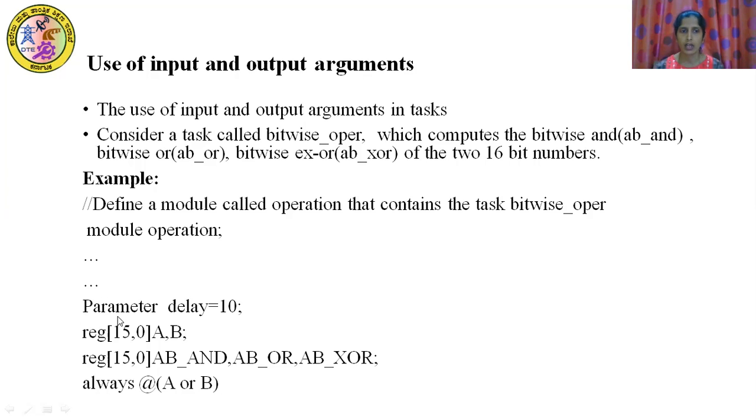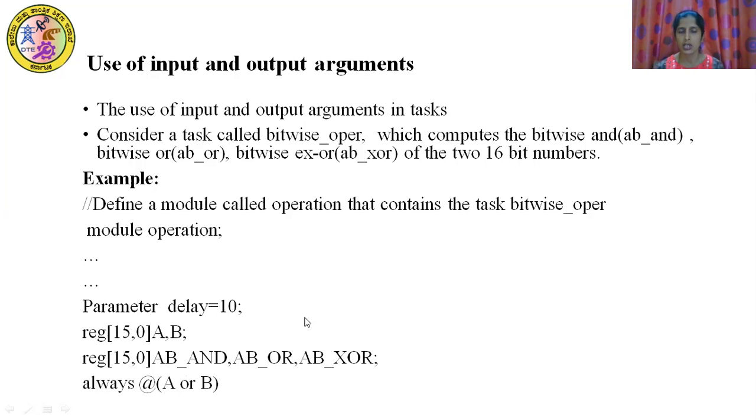Here we have declared a parameter by name delay, which is equal to 10. A and B are 16-bit registers, and AB_AND, AB_OR, and AB_XOR are 16-bit registers, which are the outputs. A and B are the inputs. Then always @ followed by the sensitivity list, which includes the inputs A or B.